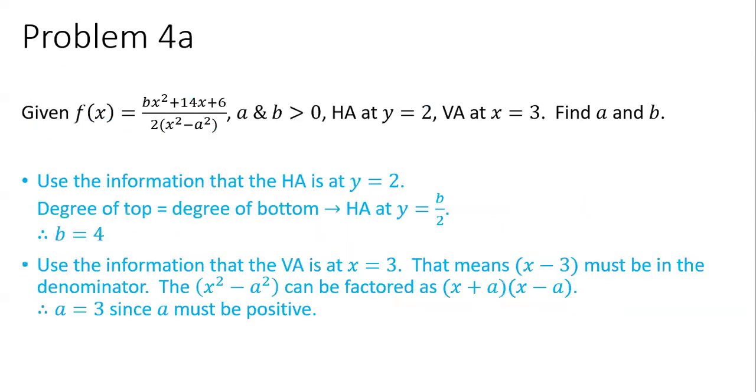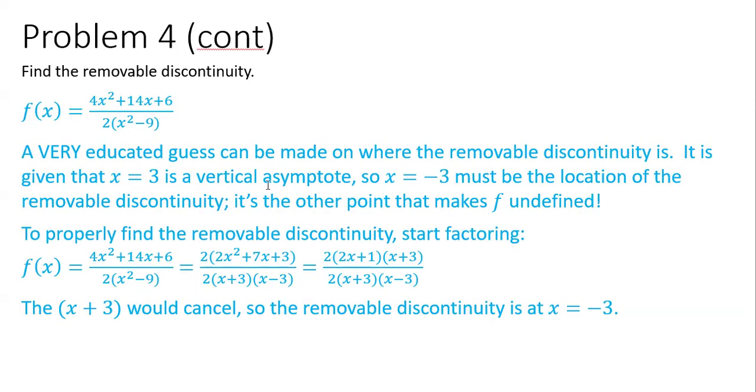Because remember, the vertical asymptote is at x is equal to 3. So the x minus 3 would contribute to the vertical asymptote, okay? The hole, or the removable discontinuity, must be the other thing that we can't divide by, which is this x plus a, which means that the hole occurs at x is negative 3 probably.